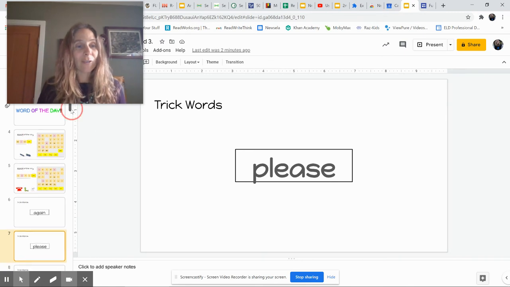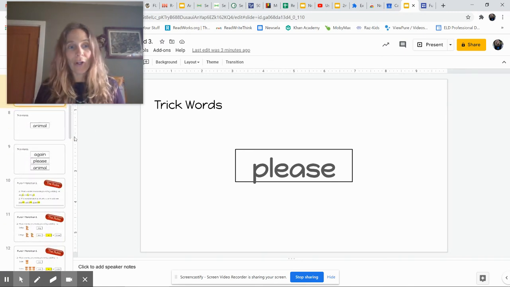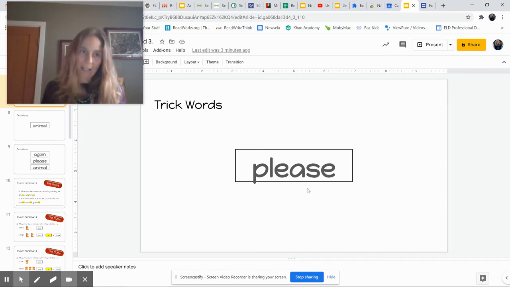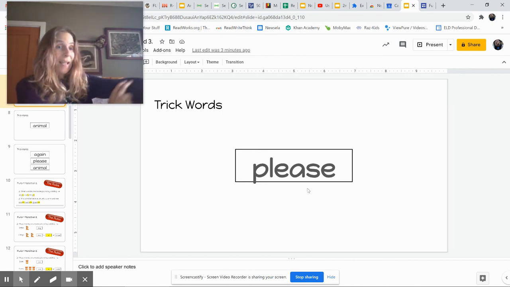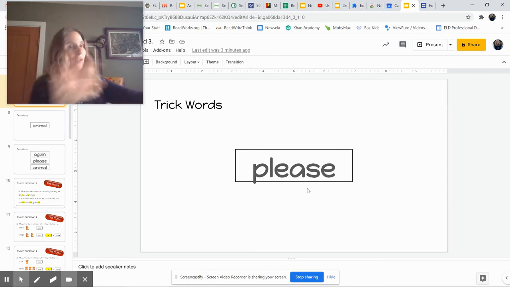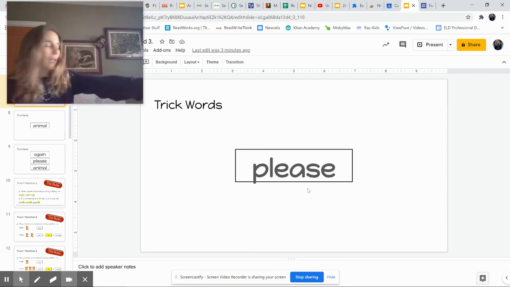And our next trick word is the word please. So when we're being kind to one another and we ask for something, we say please. Like, may I please have the milk? Please. So let's say it, and then we're going to write it as we say the letters, not tapping it. So here we go. Please.